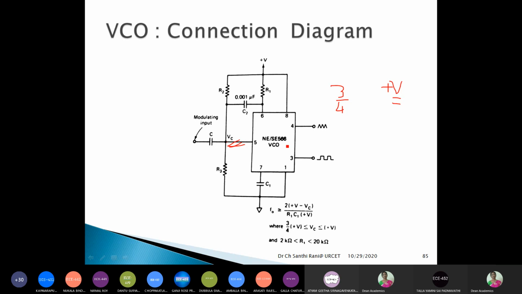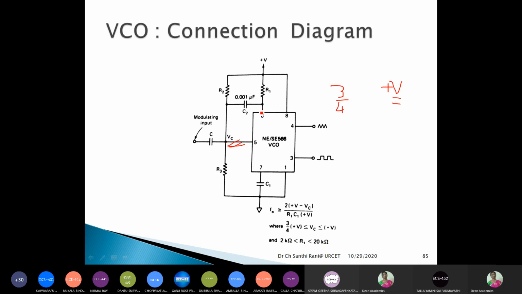So it is applied like that, and in order to have that voltage, we maintain voltage divider resistors here, so that voltage will be superimposed. That means this modulating input signal will be superimposed on that, and this VC is always maintained at 3/4 of the supply voltage or more. So the control voltage is applied at the fifth pin, and this is the purpose of the two voltage divider resistors R2 and R3.